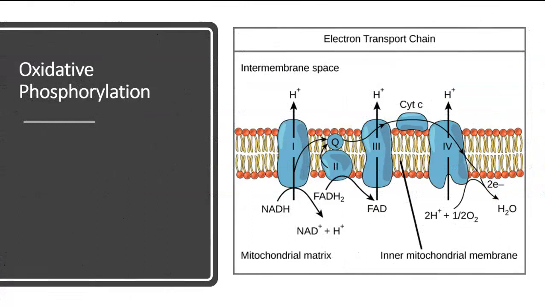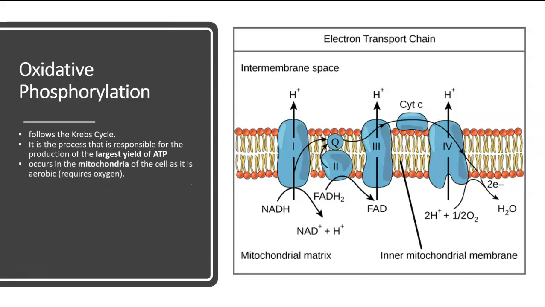So oxidative phosphorylation follows the Krebs cycle, so comes after the Krebs cycle. It is the process that is responsible for the production of the largest yield of ATP. It occurs in the mitochondria of the cell, and it is aerobic.